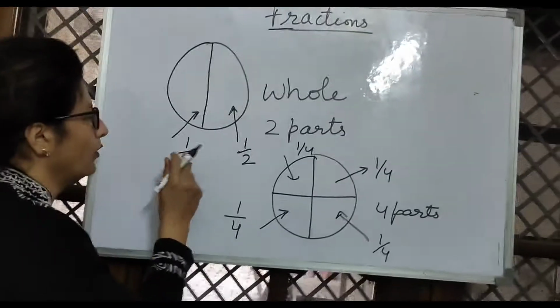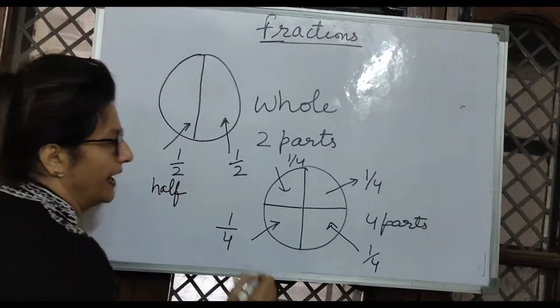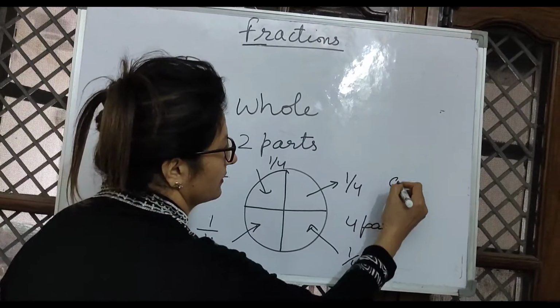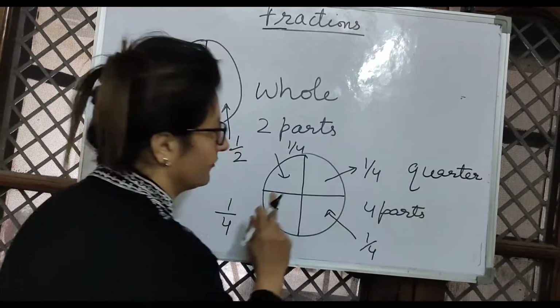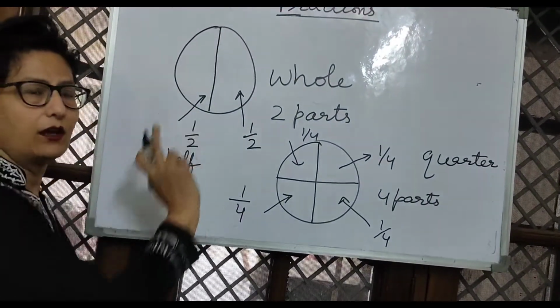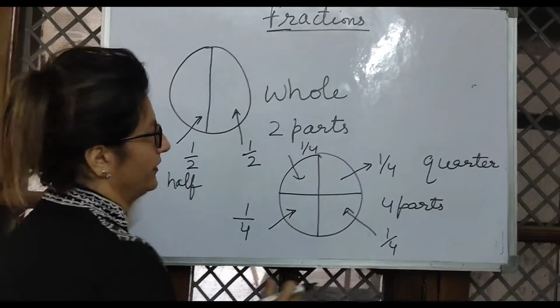Okay. Now 1/2 is also known as half and 1/4 is also known as quarter. Quarter of the whole thing and half of the whole thing. This is known as the fraction.